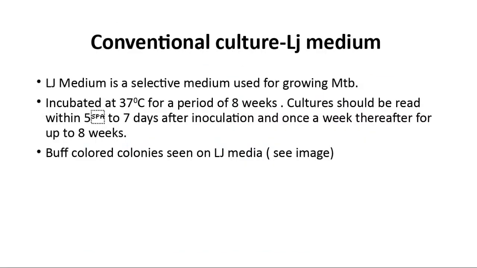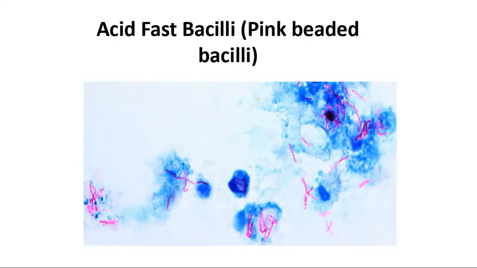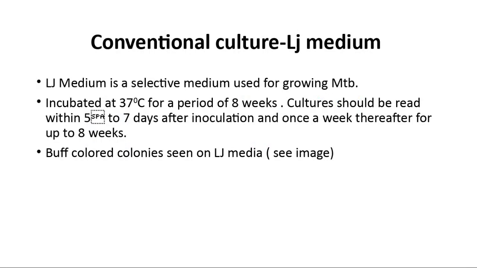Now, when you find these bacteria in microscopy, when you find the acid-fast positive bacilli, you need a conventional culture medium for the growth of these bacteria, and mostly we use the selective medium called the LJ medium.